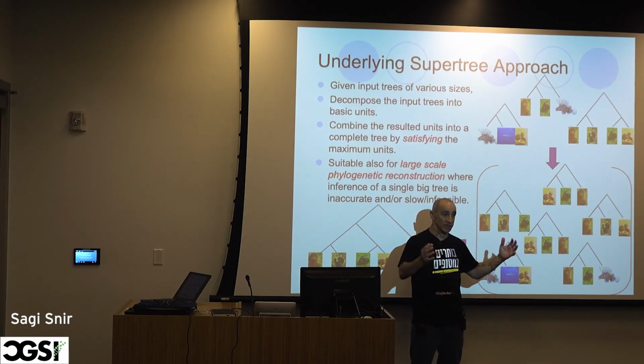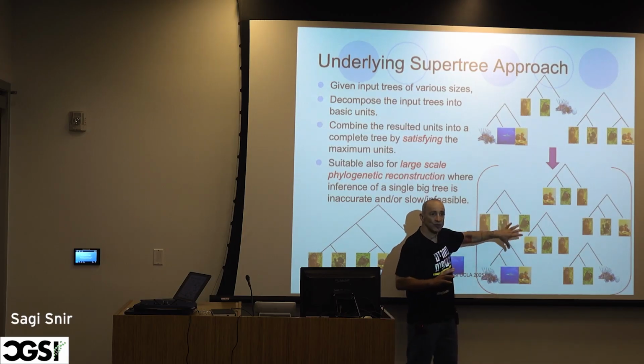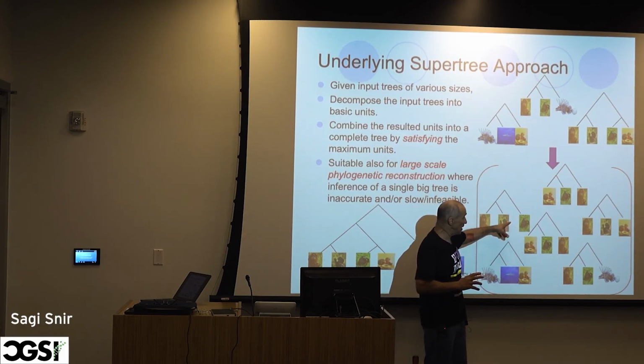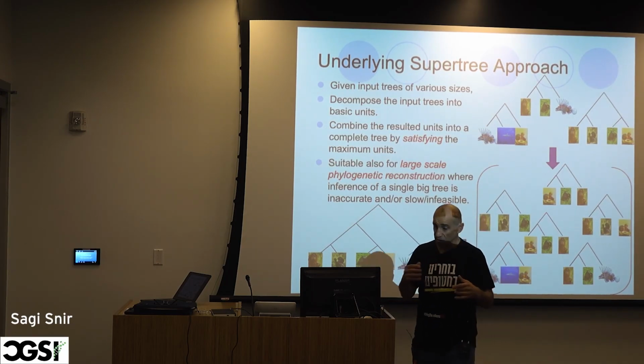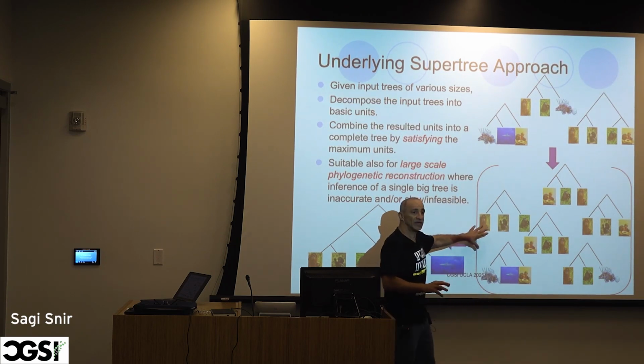He comes with huge data sets of millions, decomposes them, constructs accurate trees, and then combines them. How does he combine them? Exactly this way. Or they have their own software that he spoke about, but it's this general idea.